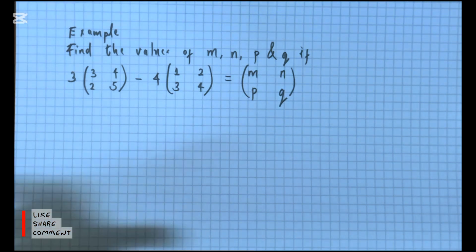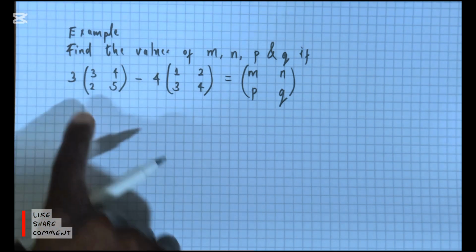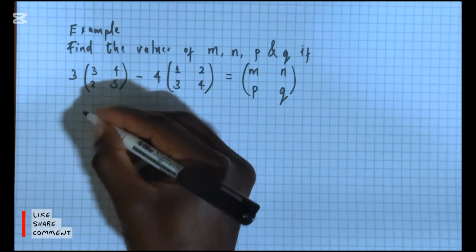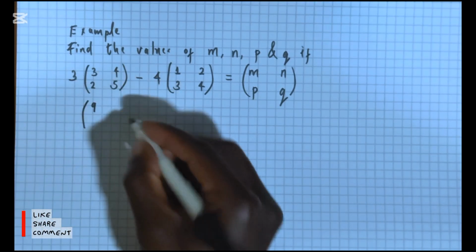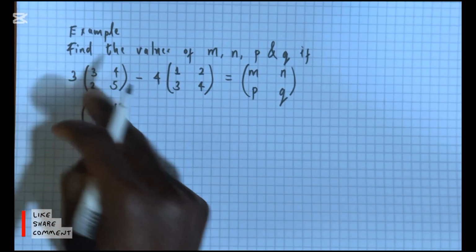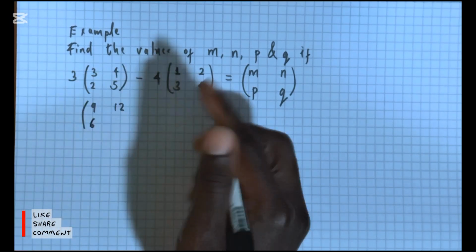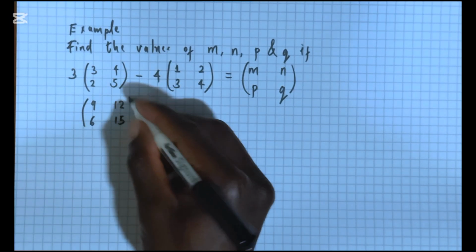So we are going to start by multiplying 3 by each term in this particular matrix. And so notice that will be 3 times 3 giving us 9, 3 times 4 giving us 12, 3 times 2 giving us 6, 3 times 5 giving us 15.